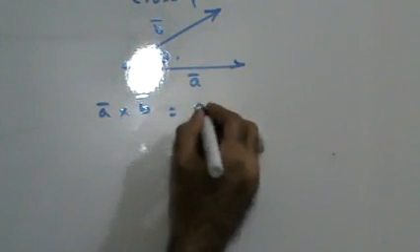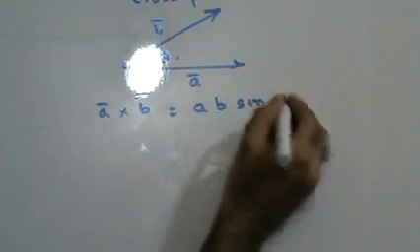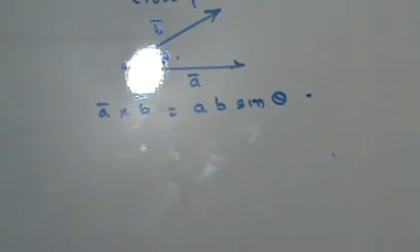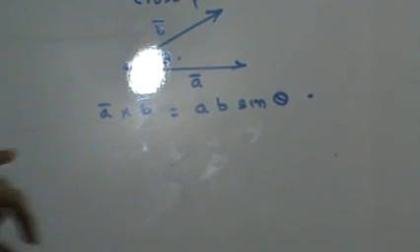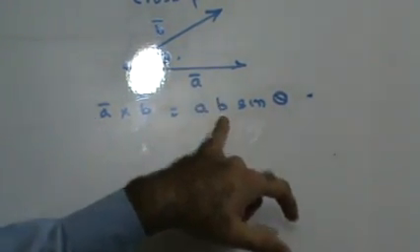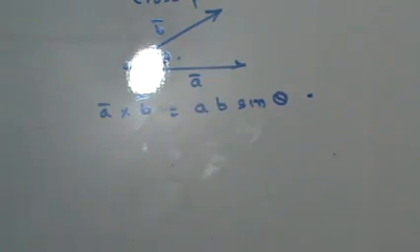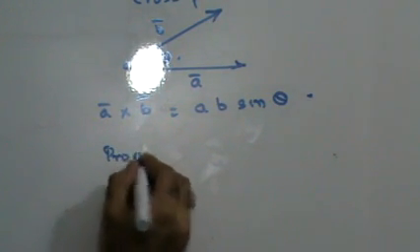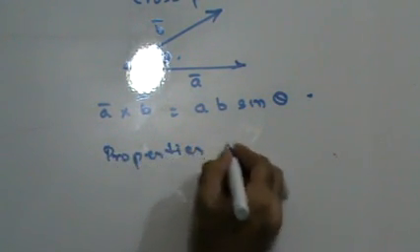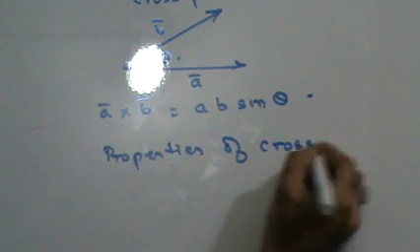So A vector cross B vector will be nothing but AB sin theta. By definition, you multiply the magnitudes of the two vectors and the sine of the angle between them. Now let us see the properties of cross product.